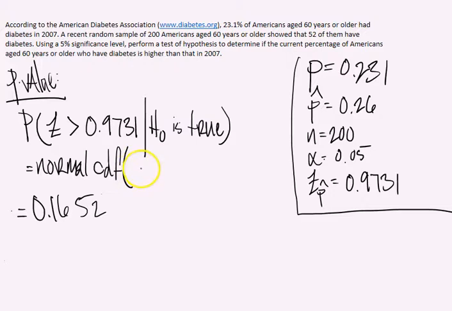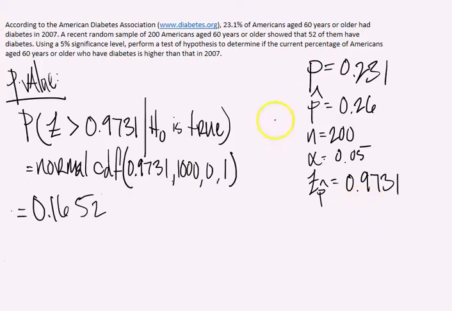Our starting value, 0.9731. Something very large, just has to be more than 10 standard deviations away, so I can do something like 1,000 in this case, or 10 to the 99, doesn't matter, just something large. Mean of 0, standard deviation of 1. Okay, if you plug this into your calculator, you will get the exact same value that you got last time.